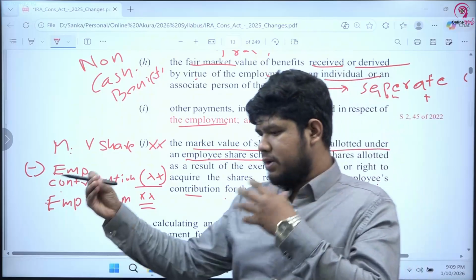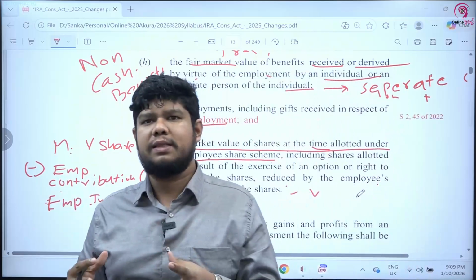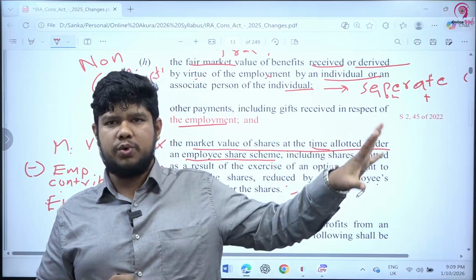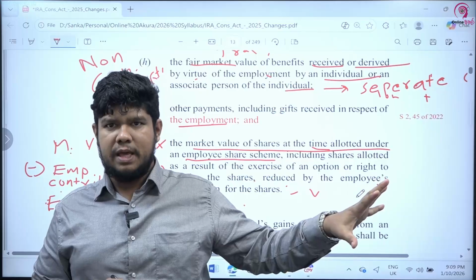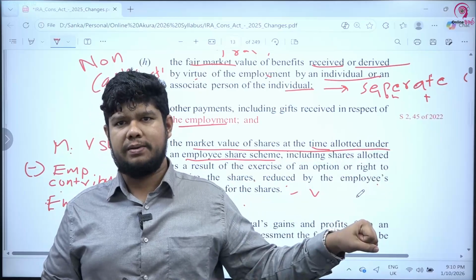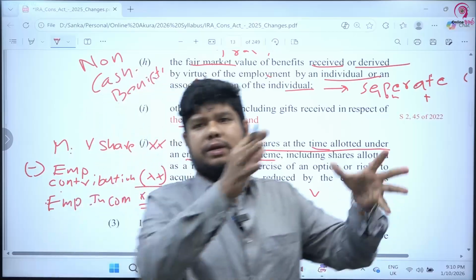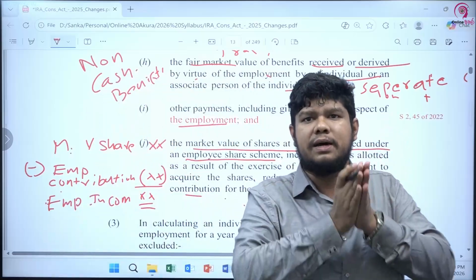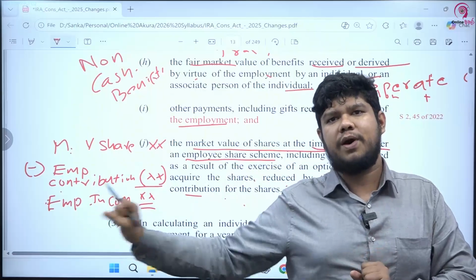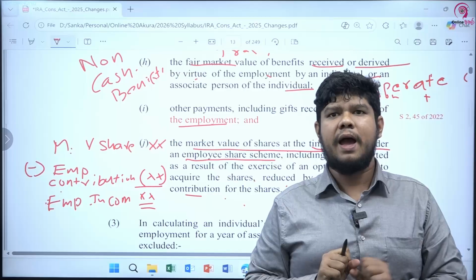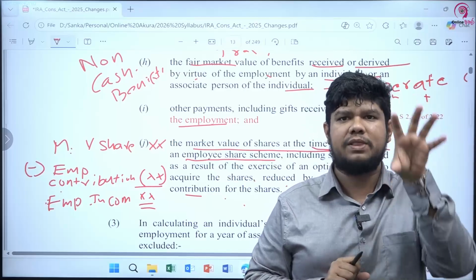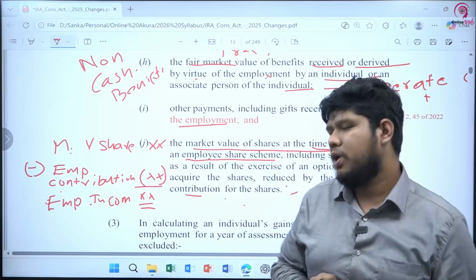Let's say when you join a company, the employer says we will give you a share within 2 or 3 years if you achieve this much performance in the company. So you achieve it, and in the third year you receive the benefit of a share to be acquired at a given cost, and the market value will be some different amount. Then after the third year, you take your taxable income.